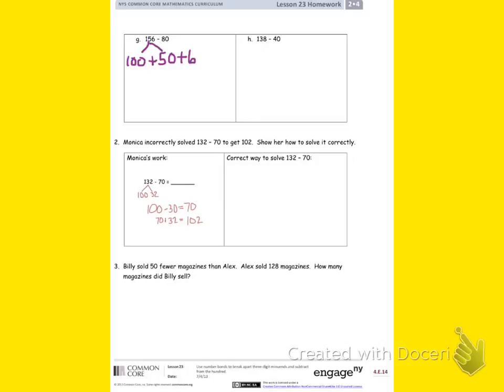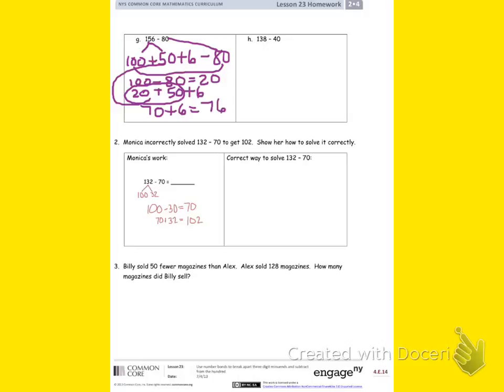And then we subtract the 80. 100 minus 80 is 20. Now take that 20 and add the 50 plus 6. 20 plus 50 is 70, and then keep the plus 6, which equals 76.